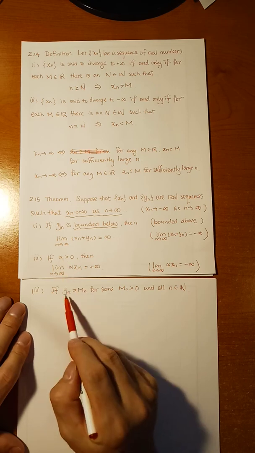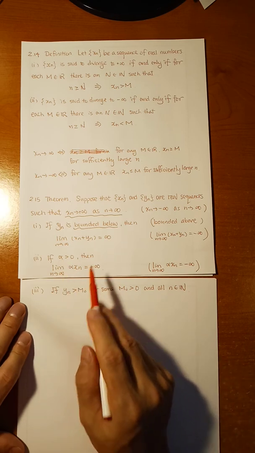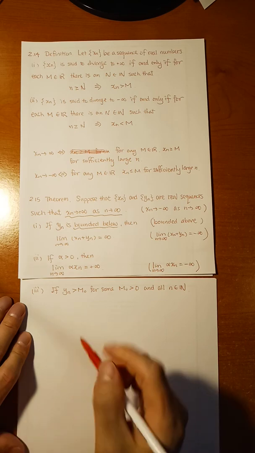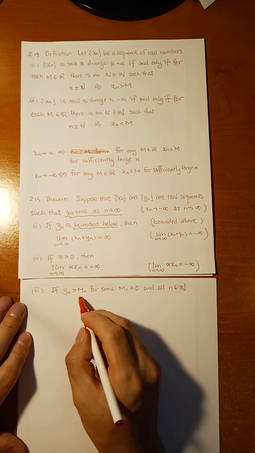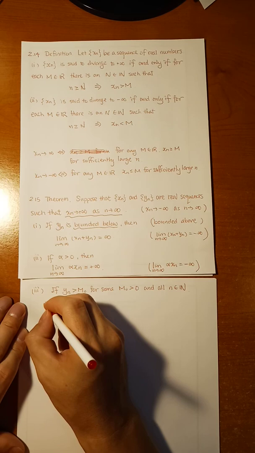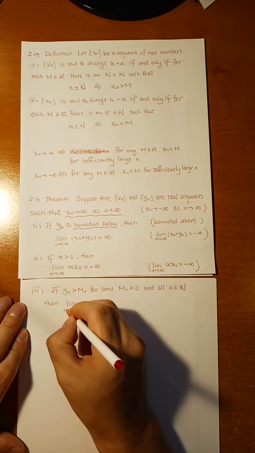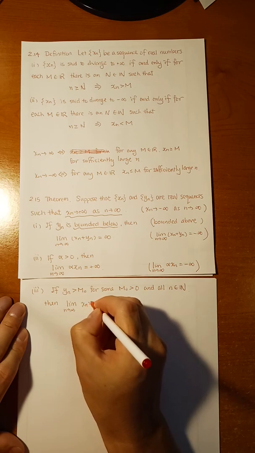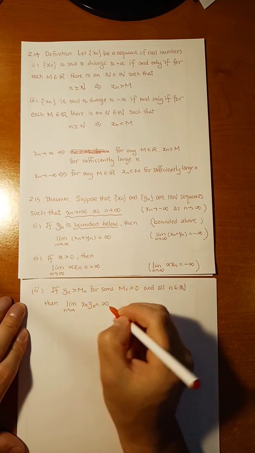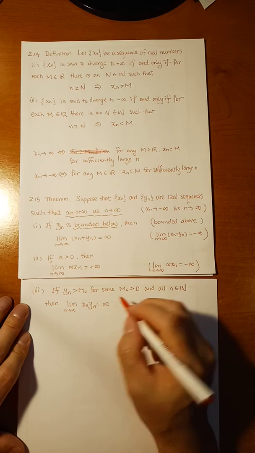We require all the yn to be positive and also bounded below. Then the limit as n approaches infinity of xn yn is still positive infinity. It diverges to positive infinity.